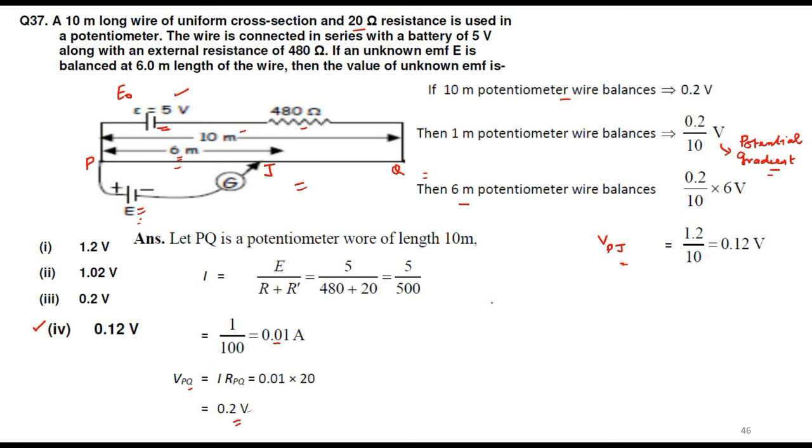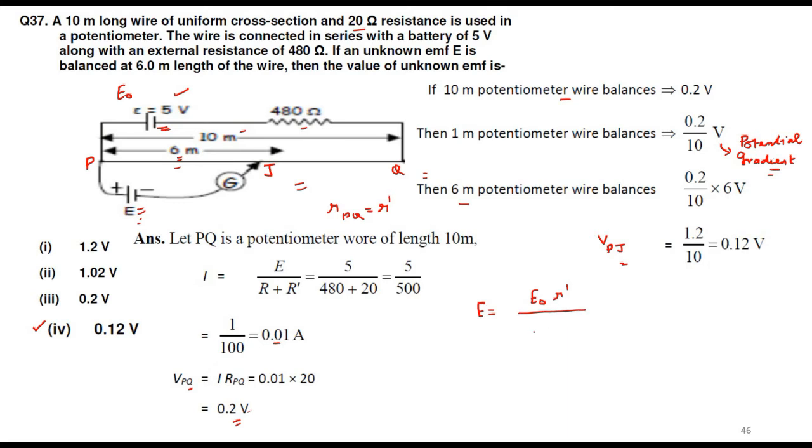Now there is a ready-made formula to find this value of EMF. So E is equal to, let's say this is E naught, already I marked it here. Formula: E naught into R prime. R prime means RPQ, the full resistance of the potentiometer wire, that is R prime here.